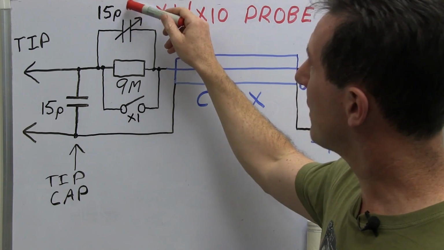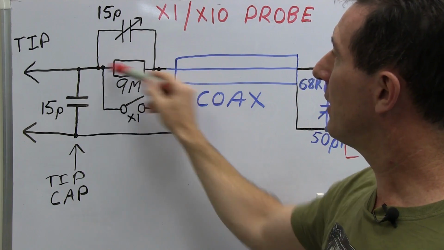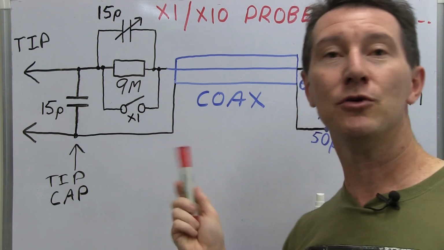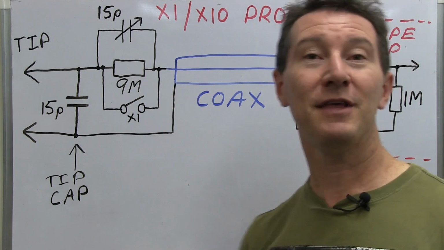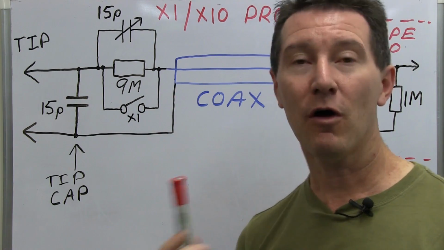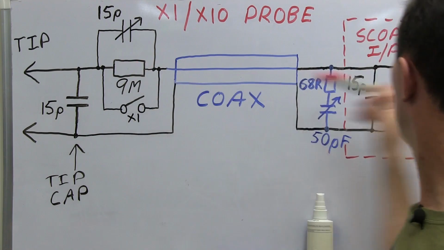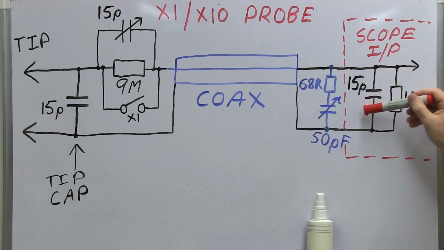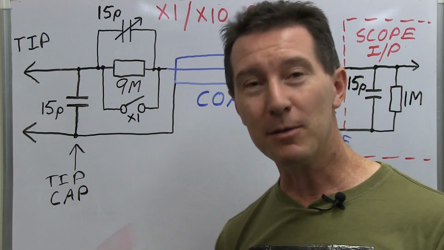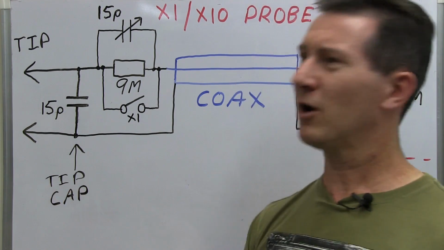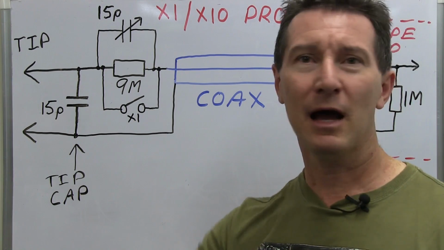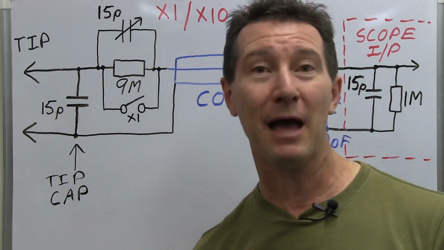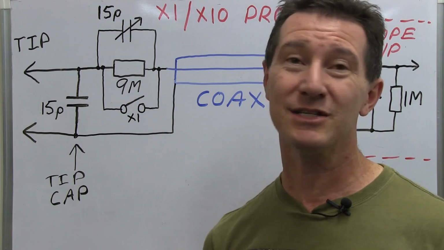Now, of course, there has to be a compensation cap across that 9 meg resistor to take into account the AC bandwidth of the probe. So you've got to compensate that for your input, because the input of the oscilloscope here also has about 15 picofarads of input capacitance. Very typical across the 3 scopes I've got here, even from the 500 megahertz Agilent right down to the DS1052E.